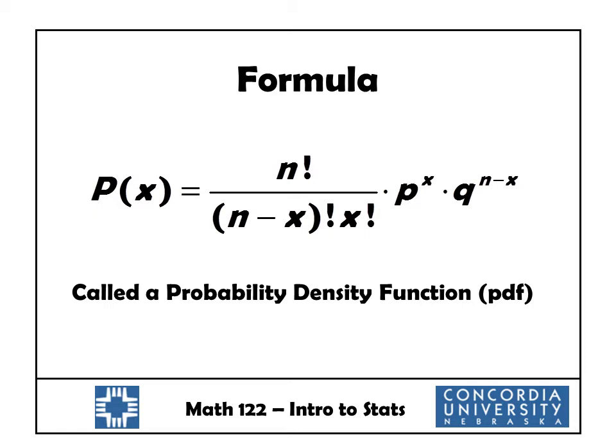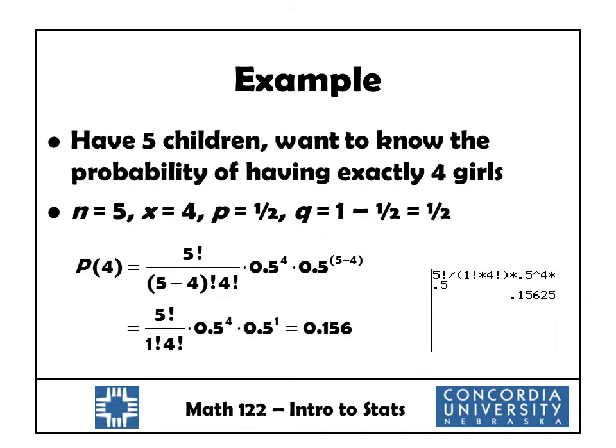A formula like this is what's called a probability density function, or abbreviated PDF. Now this formula looks a little scary. It is a little complicated to use, but luckily it's already built into our calculator. But let's just really quickly illustrate how this formula is used. So in our scenario where we have 5 children, let's calculate the probability of exactly 4 girls.